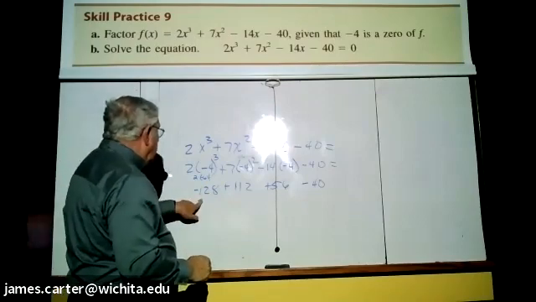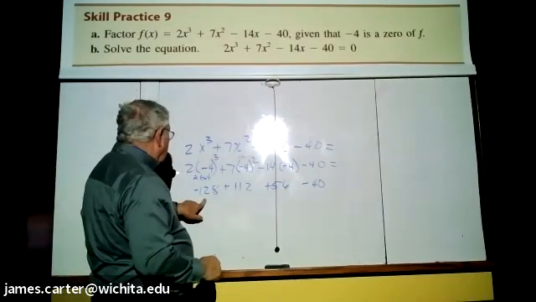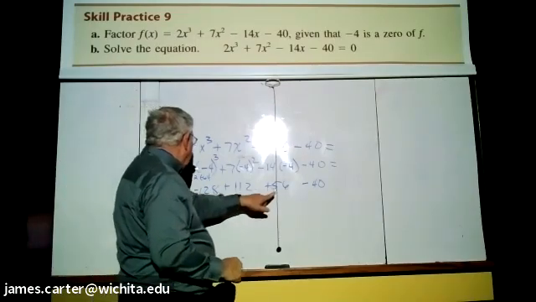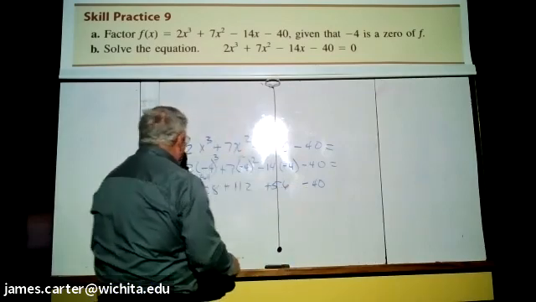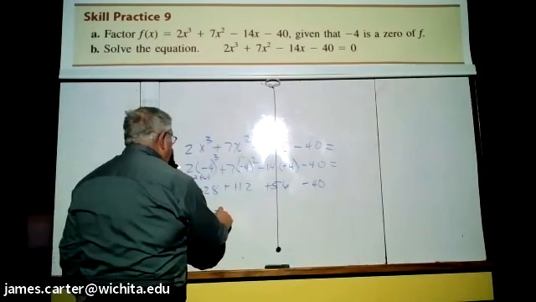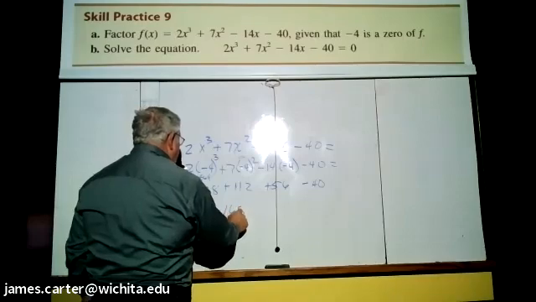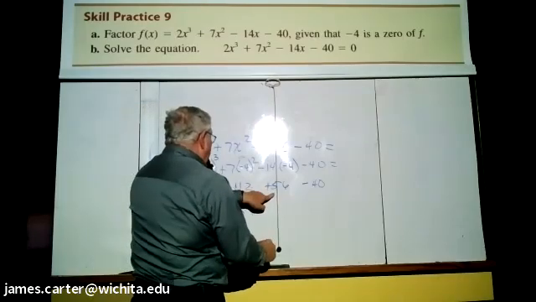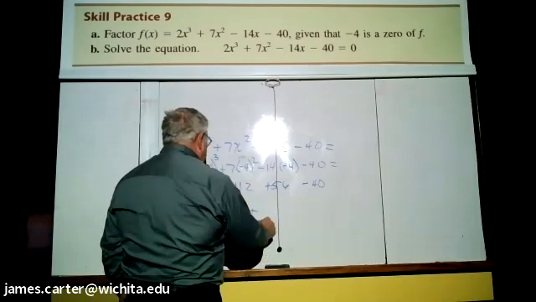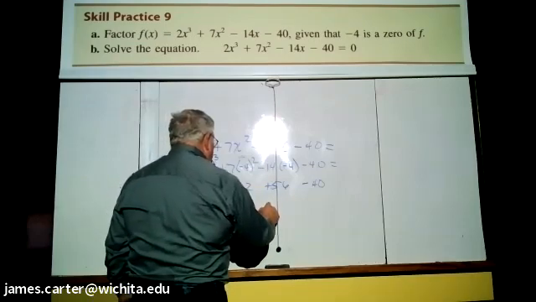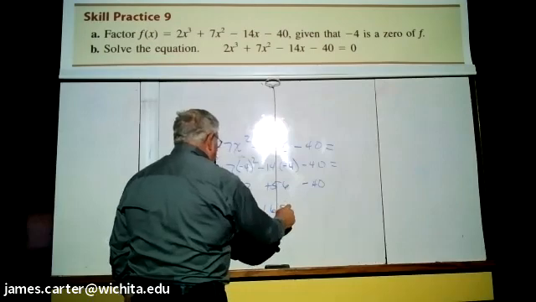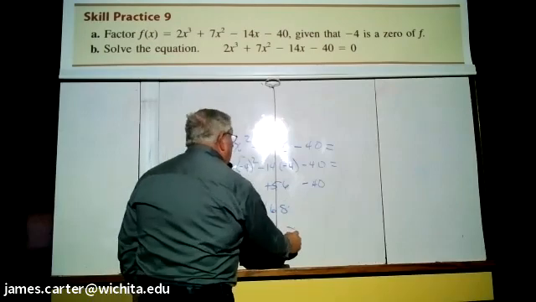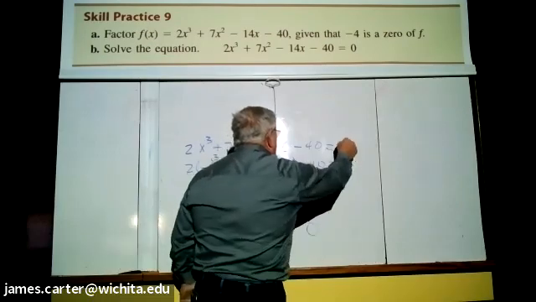So if I take negative 128 and I take negative 40, that gives me negative 168. And if I take 112 and I take 56, I get positive 168. 0 equals 0.